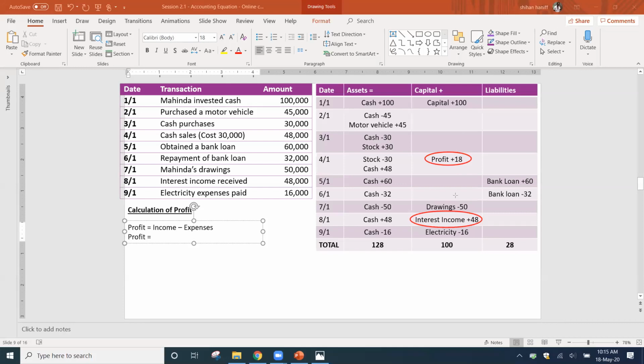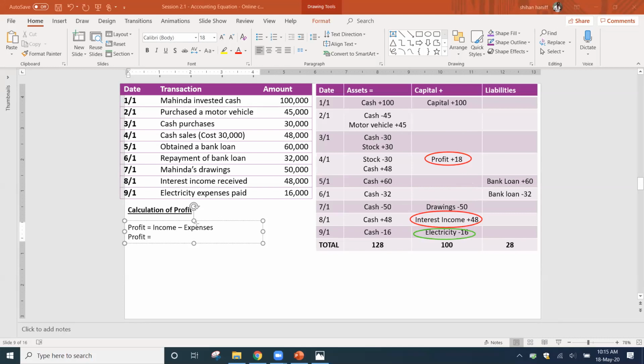So we have two incomes, 48 plus 18, and expenses, there's only one expense, 16. Only one expense. Drawings is not an expense.